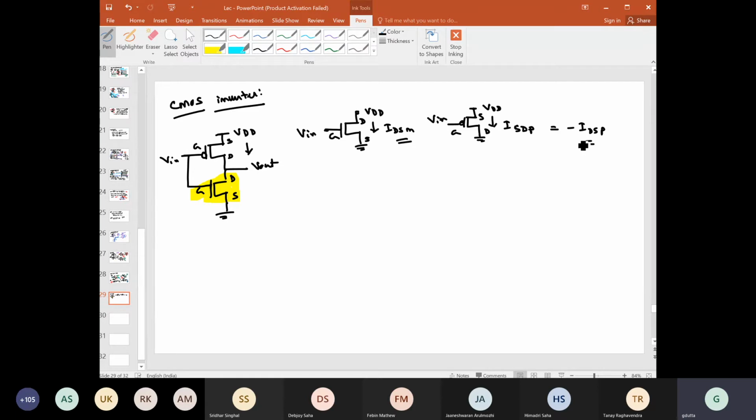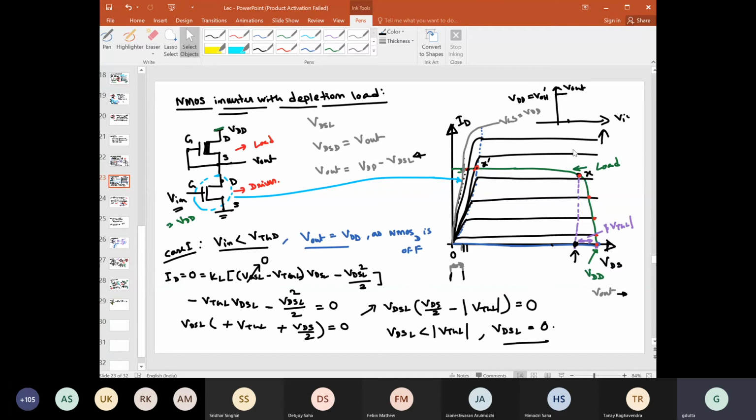We are trying to use this to see how to plot and superimpose the output characteristics of NMOS and PMOS.